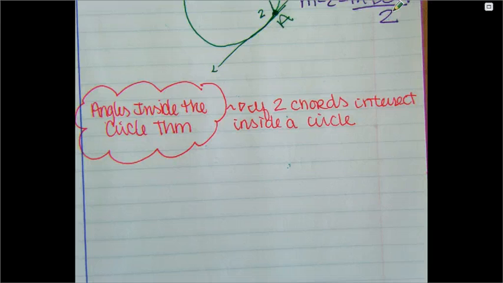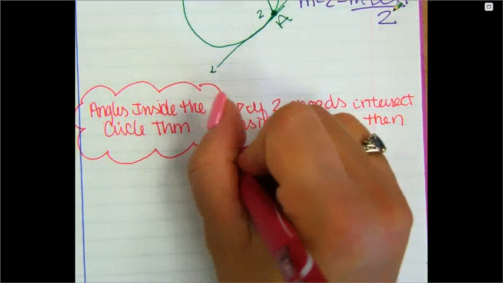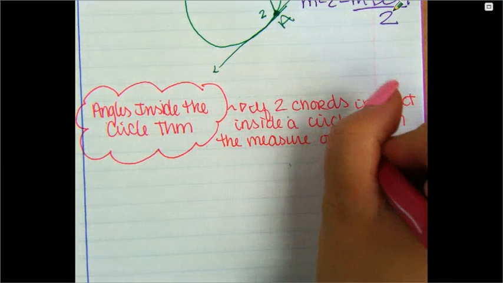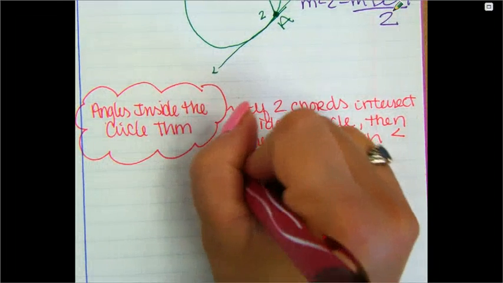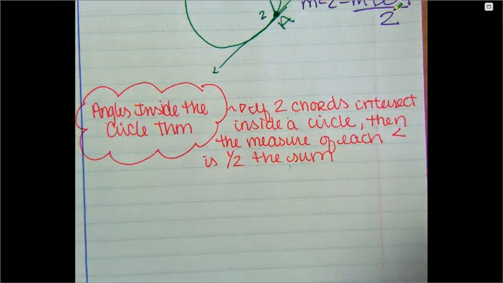So it says 2 chords intersect inside a circle. Then the measure of each angle is half the sum. What does it mean to be a sum? Addition means you're adding.